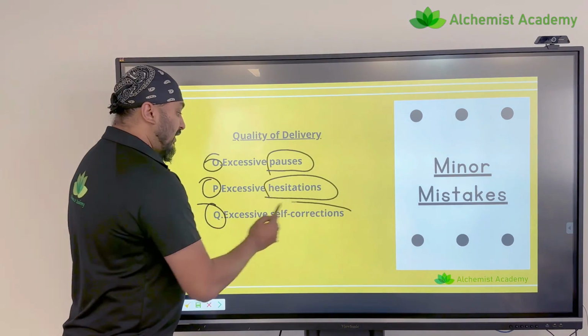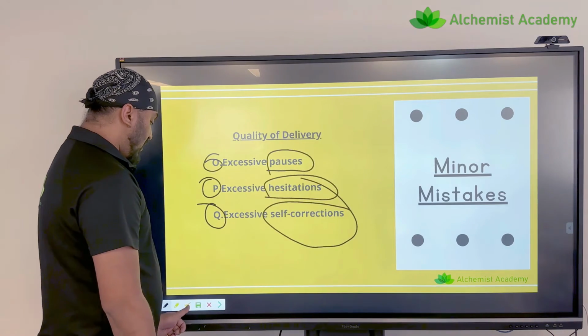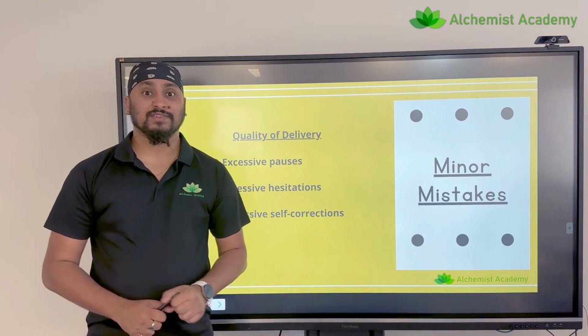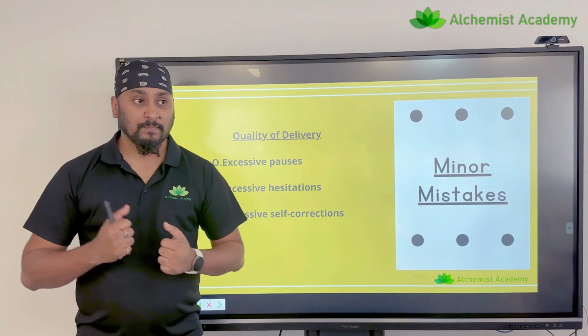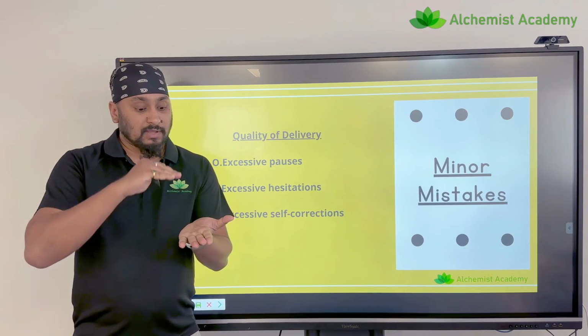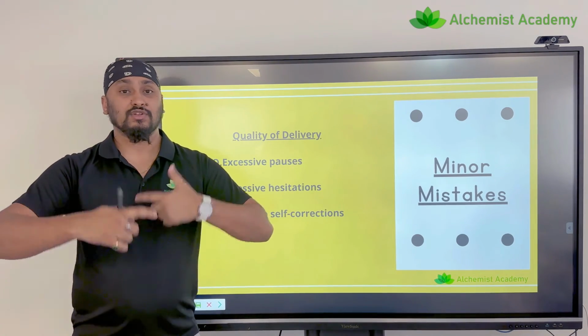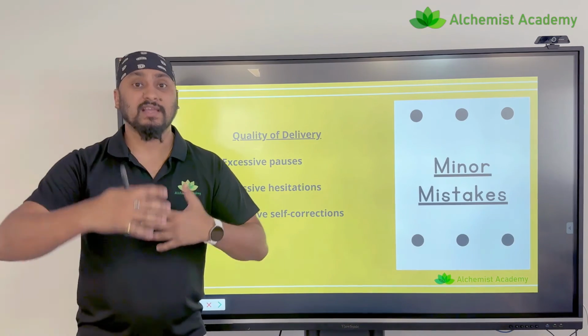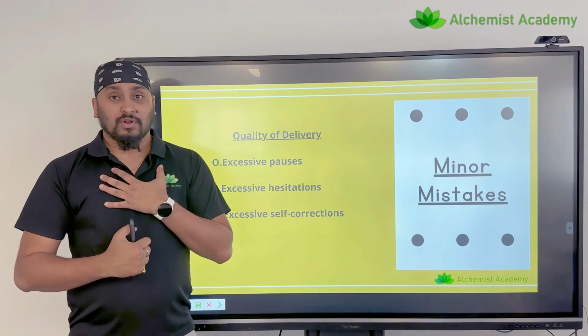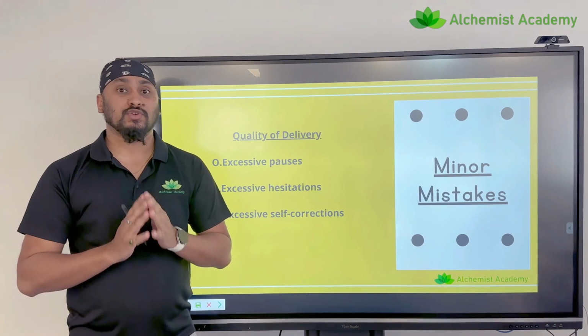Last is self-correction, excessive self-correction. Now, this is very weird. Sometimes when you're in a real good flow and you were supposed to convert a dialogue from English to Hindi, but apparently you're so excited and so much in the flow that you repeated the answer in English. You don't have to say sorry.